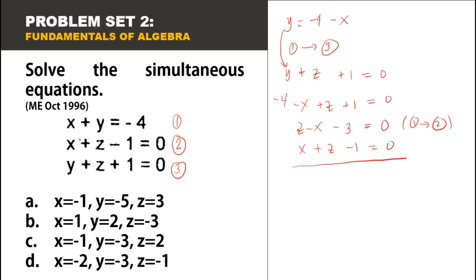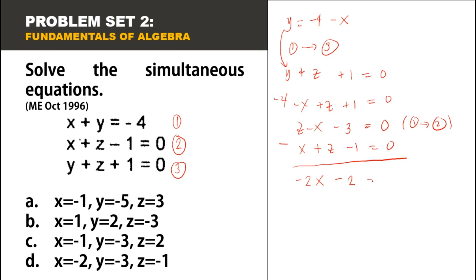So either z or x can be eliminated. Let's say we eliminate z, so we subtract these two equations. z minus z, that is 0. Negative x minus x, that is negative 2x. Negative 3 minus negative 1, that is negative 3 plus 1, that is negative 2.